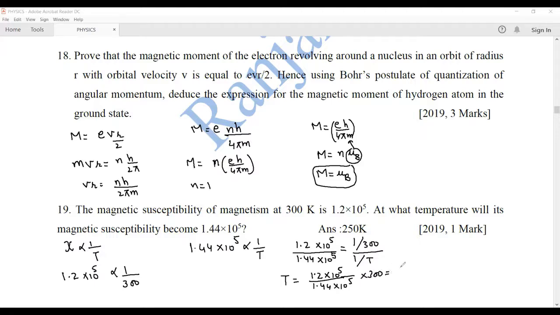On simplifying it, we get the temperature to be 250 Kelvin. So at 250 Kelvin, the magnetic susceptibility will be 1.44 into 10 raised to the power 5.